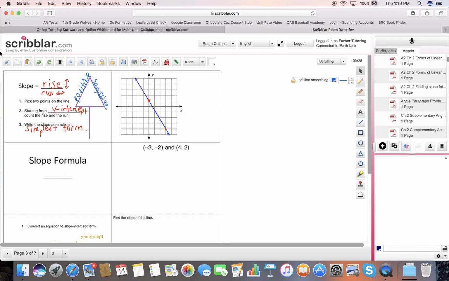Okay. Now there's 2 other slopes that we have to deal with, but we only deal with them when we're dealing with horizontal or vertical lines. And that is that if we have a horizontal line, it is a 0 slope, and if it is a vertical line, then it's an undefined slope. Sorry, let me just see if I can squeeze that in better.